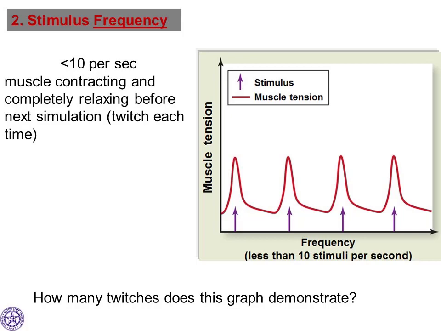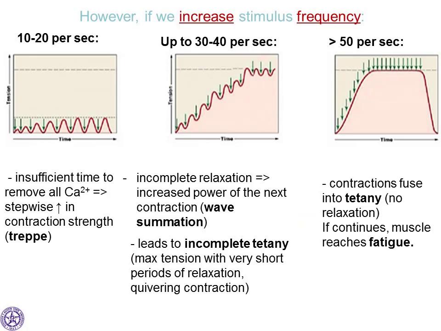But we don't have to stop with just that few. So let's say here we increase our stimuli frequency, 10 to 20 per second. Now what we're going to see is that the muscle never really completely relaxes before we have the next, and before we have the next, and before we have the next. Because as we do them more rapidly, we don't have sufficient recovery time.